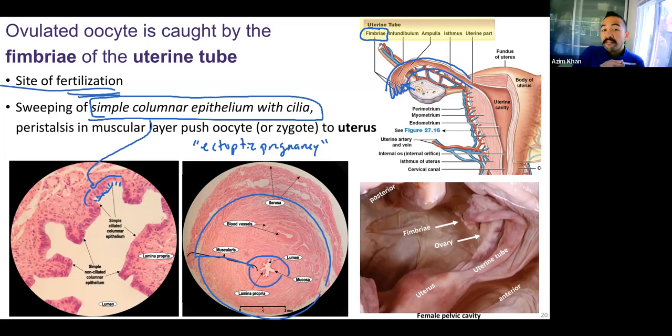So when it's functioning as it should to lead to a healthy implantation and birth, the cilia in the uterine tube as well as the muscle have to push the fertilized egg, the zygote, forward to the uterus. Take a look at this bottom right cadaver picture inside the pelvic cavity.